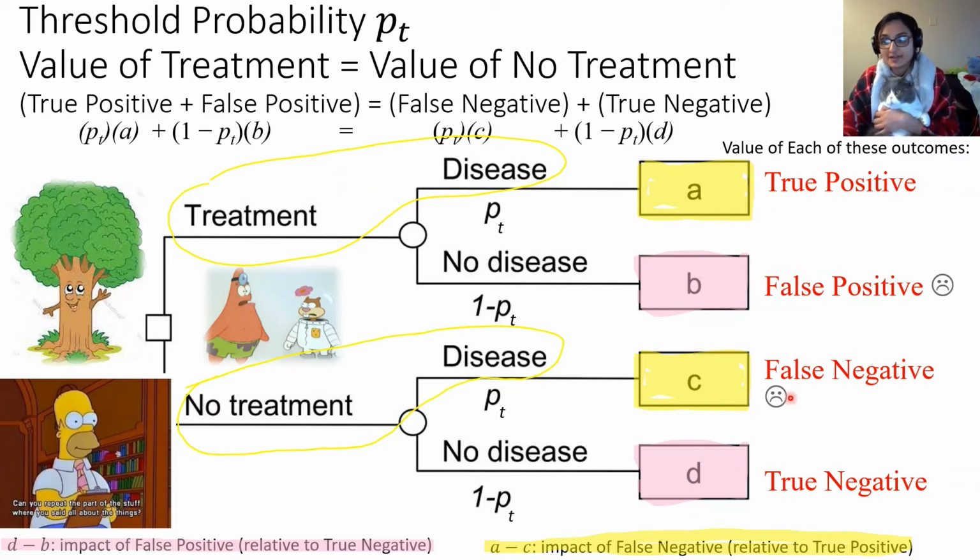And correctly identifying that we do not have a condition when we do not have it. The true negative is important because what if instead we thought you had the condition but you did not? We give you an unnecessary treatment and you're a false positive. That's the idea, I hope you understand here.